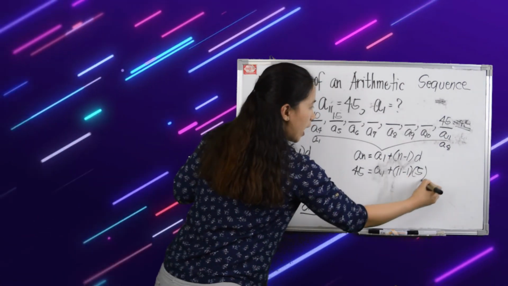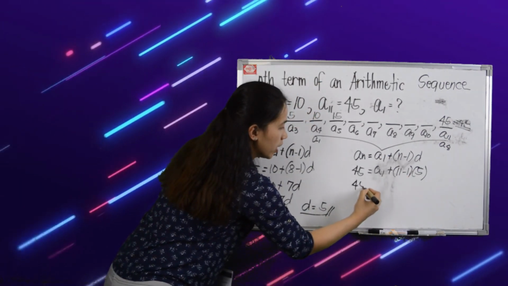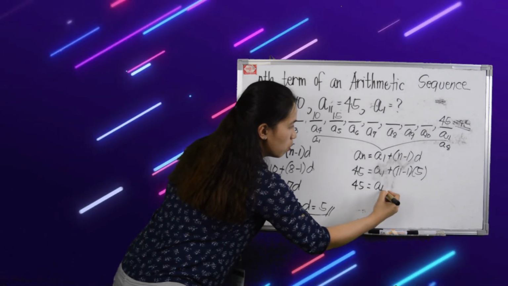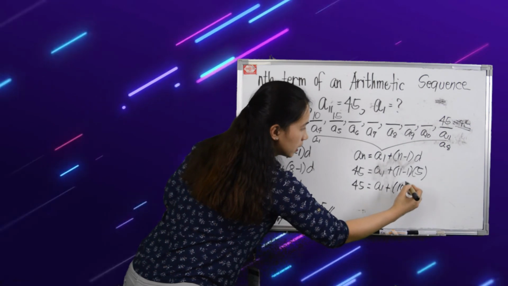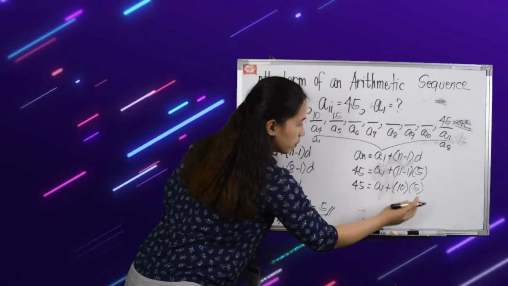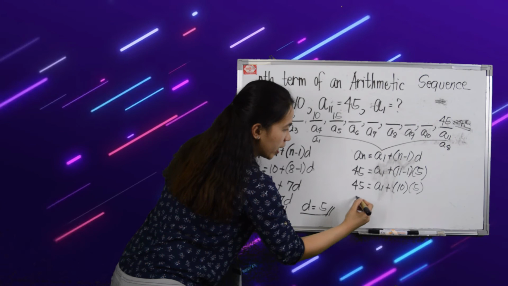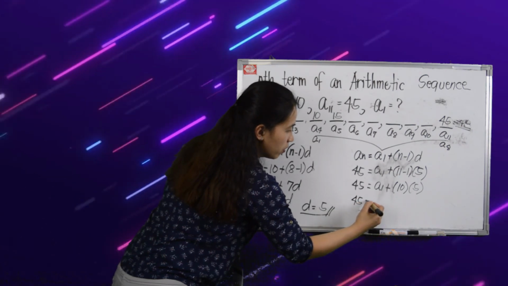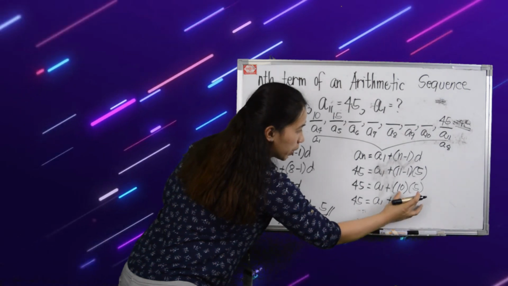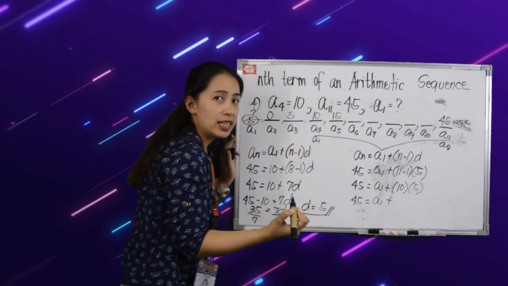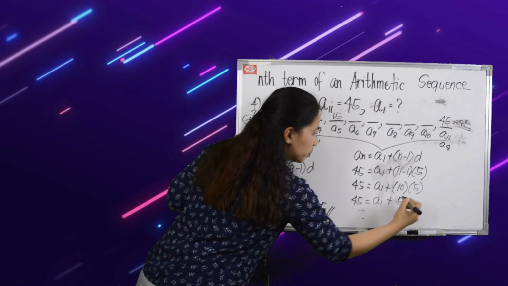We simplify now. 45 is equal to a sub 1 plus 11 minus 1, that is 10 times 5. And then we simplify again further. 45 is equal to a sub 1 plus the product of 10 and 5, that is 50.